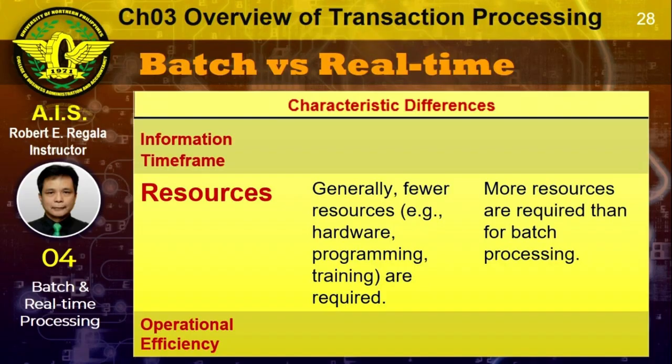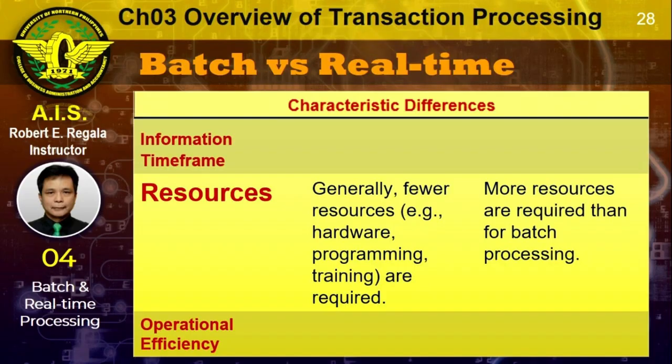Real-time systems use direct access files that require more expensive storage devices. In practice, however, these cost differentials are disappearing because of the advances in digital storage technology. As a result, business organizations typically use the same type of technology for both batch and real-time processing.